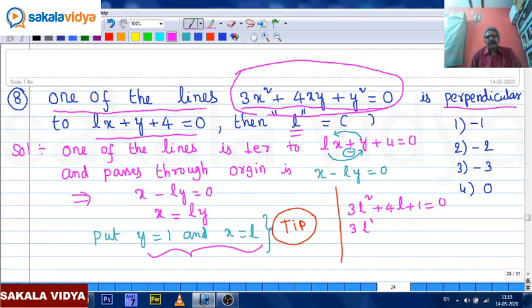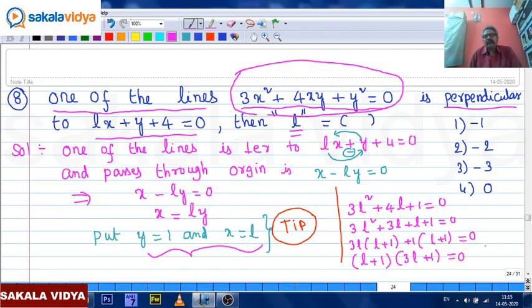So 3L square plus 3L plus L plus 1 equals to 0. 3L common, L plus 1, plus 1 common, L plus 1 equal to 0. The factors are L plus 1 into 3L plus 1 equals to 0. So L is equal to -1 and L is equal to -1/3. But actually -1 is there. So first option is the right option.